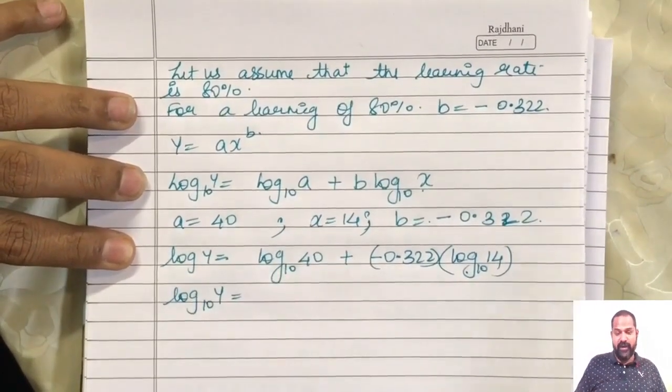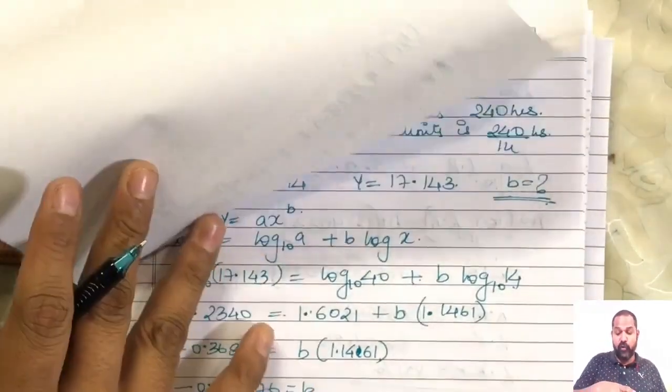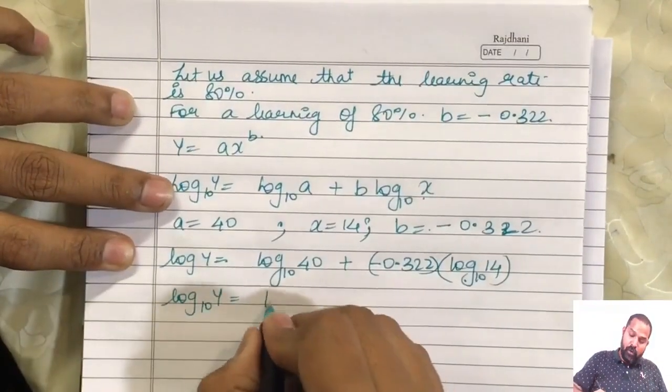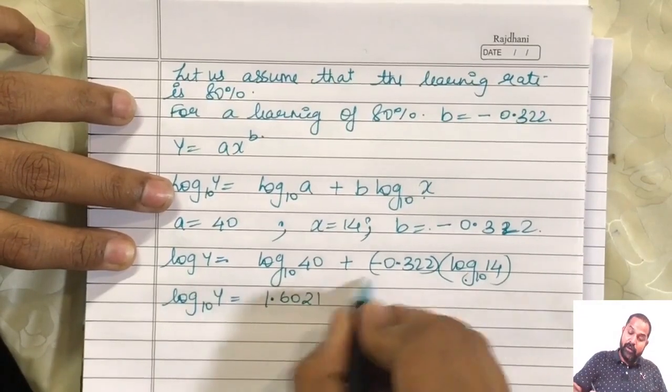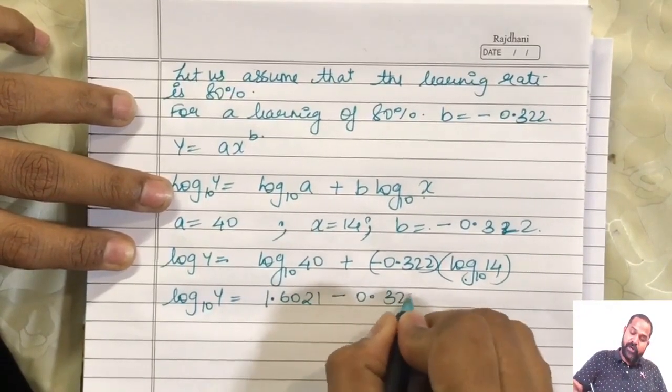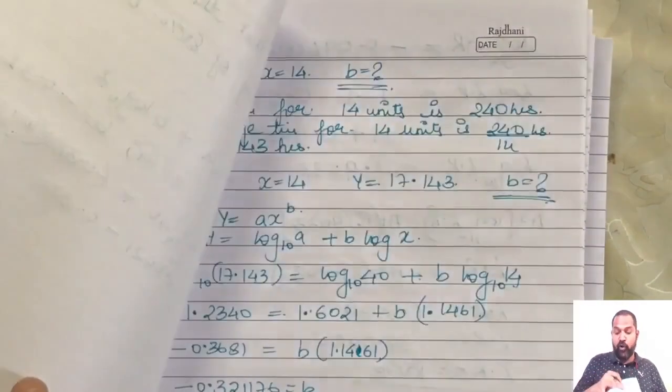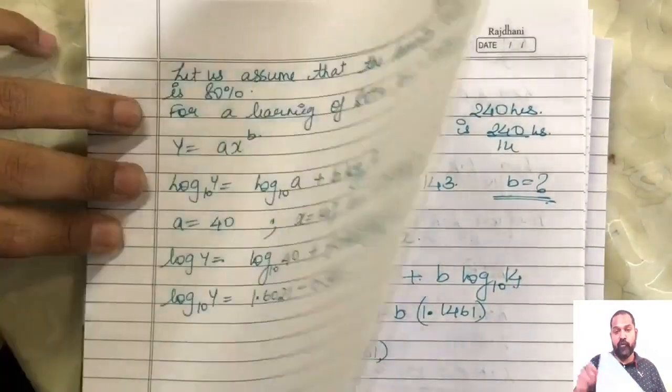So log of y to the base 10 is log of 40, and we just did log of 40, so I don't want to find that again. 1.6021, so 1.6021 minus 0.322 log of 14. We just found log of 14, which is 1.1461.